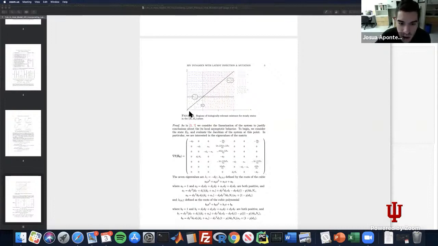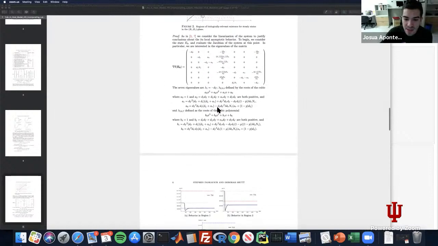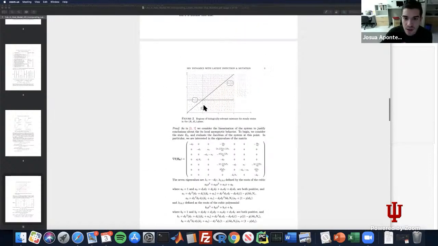They change the R naught for both of the viruses, and then they identified different regions in which one virus dominates as opposed to the other, or where infection fails to happen.